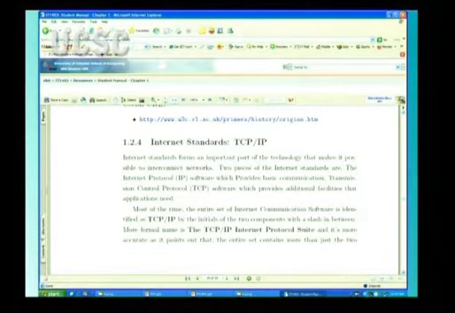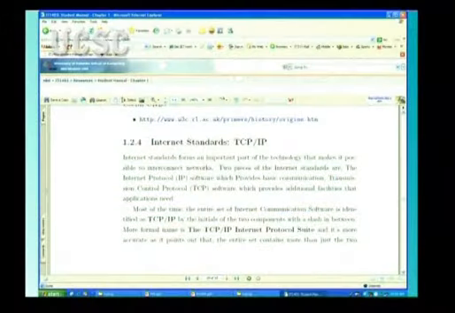So it says clearly that 2 pieces of the Internet standards are the Internet Protocol, which provides basic communication, and Transmission Control Protocol TCP, which provides additional facilities that applications need. So if you have read this manual, you can very easily answer that question. The answer is Transmission Control Protocol. That answer is clearly there in the manual, directly.